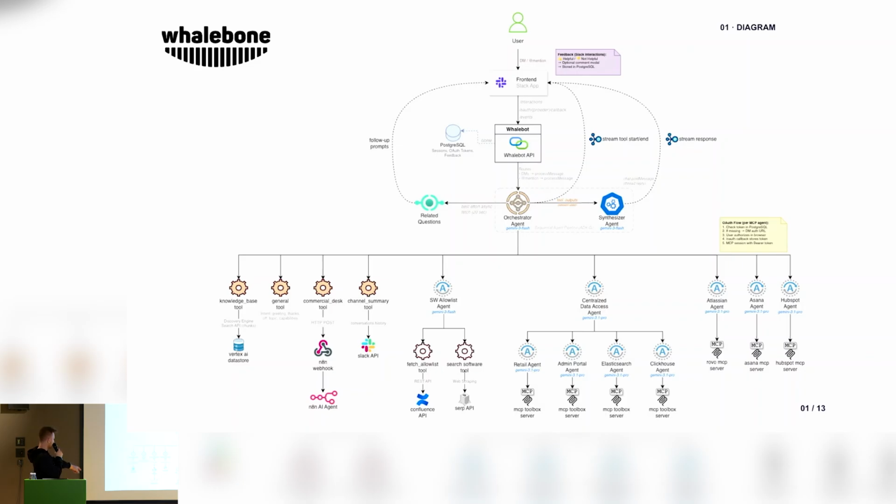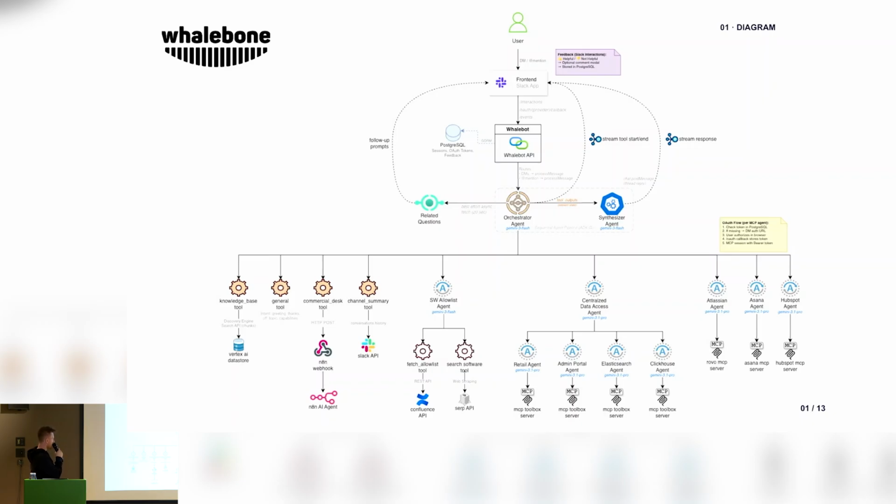On the left, you see the knowledge base. We are using Vertex AI for our knowledge base. We are basically indexing our documents from Google Drive, Confluence, and multiple other sources into Vertex AI. And as you can see, you can also connect to an n8n agent or the Slack API.